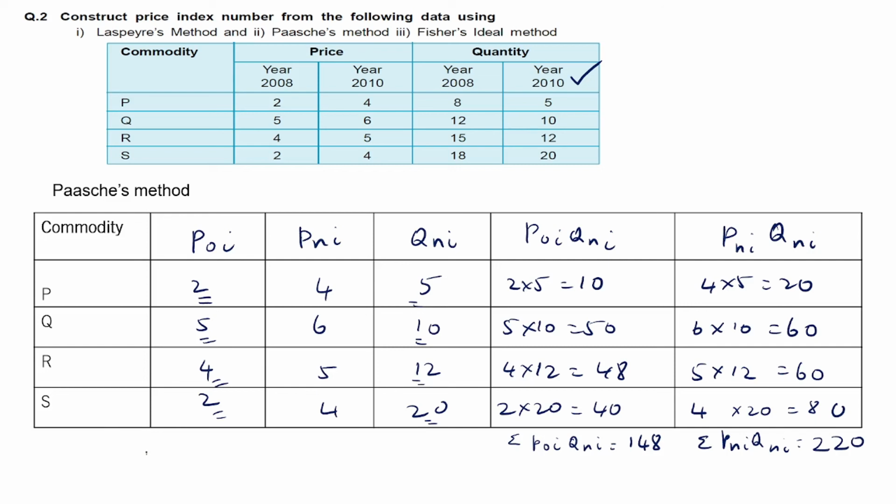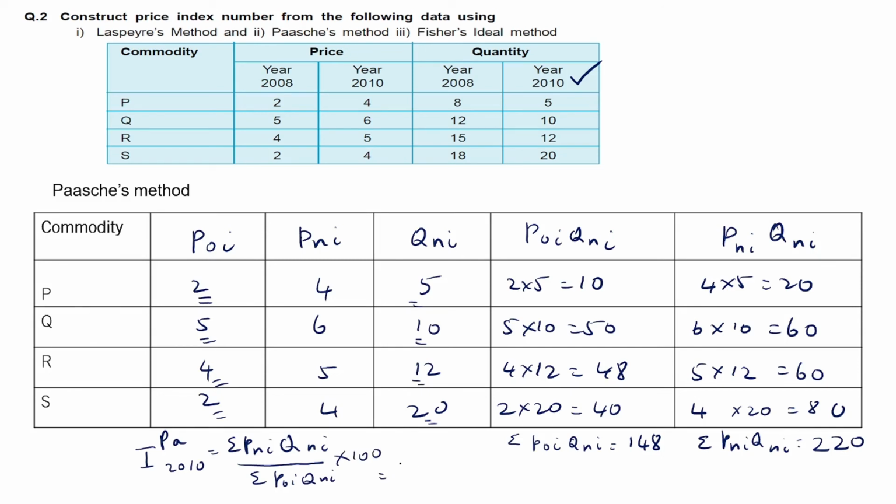Now the Paasche's Index is calculated as I 2010 PA, equal to summation P n I Q n I upon summation P naught I Q n I into 100.